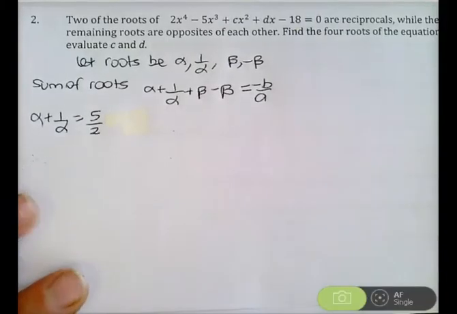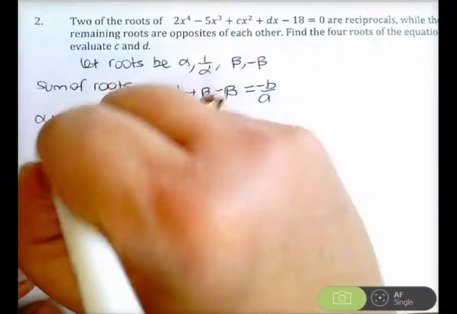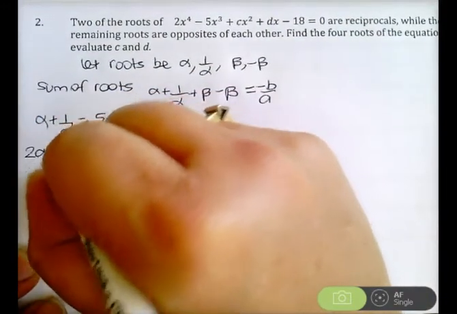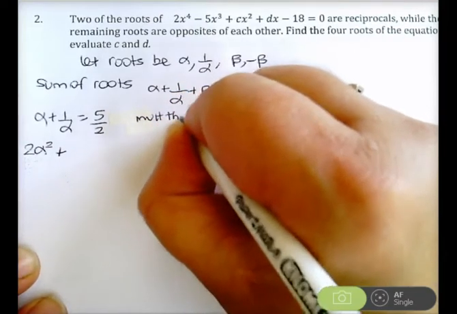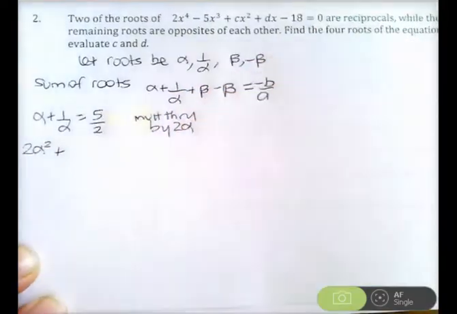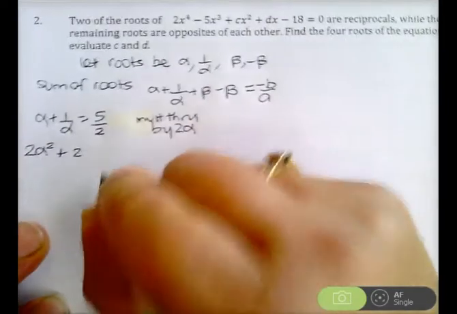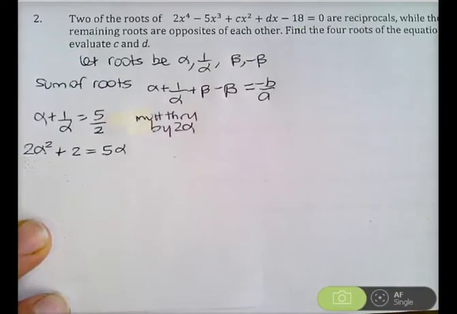What are we going to do now? Multiplying through by 2 alpha to solve this. Multiplying through by 2 alpha, what do we get? 2 alpha squared plus 2, isn't it, equals 5 alpha?